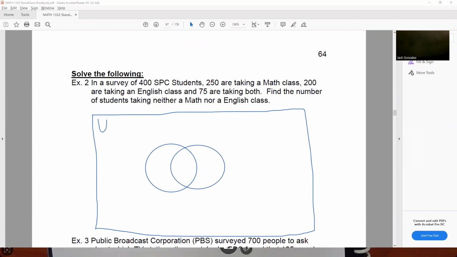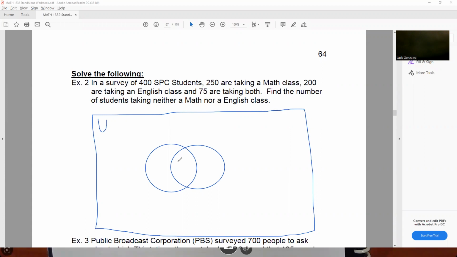So we had math class and English, right? Only 2 of them. 250 are taking math class, 200 are taking English class, 75 are taking both.